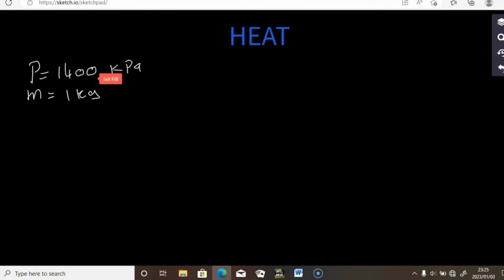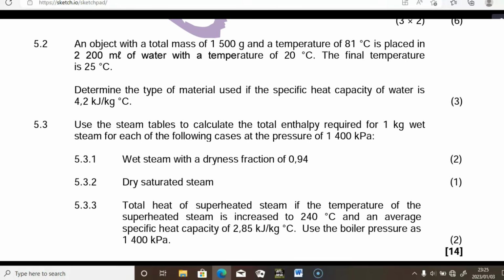And we are asked to calculate what? Question 5.3.1: determine the enthalpy of wet steam with a dryness fraction of 0.94.